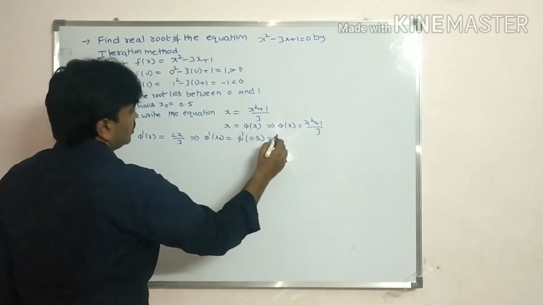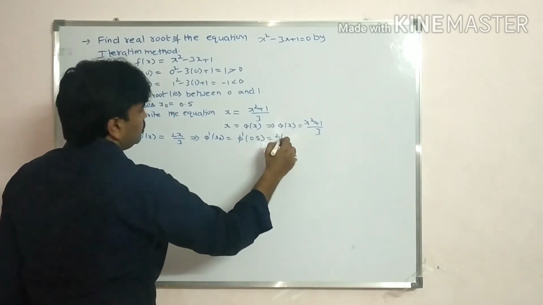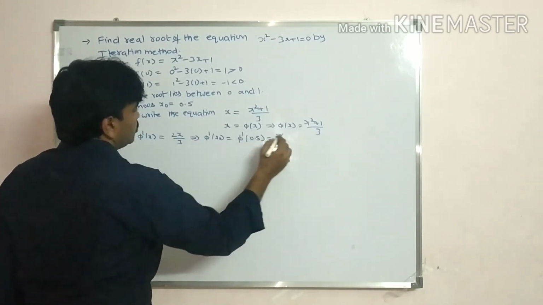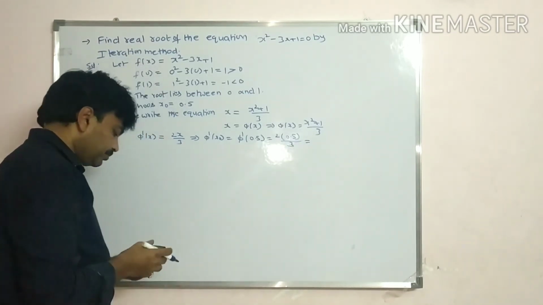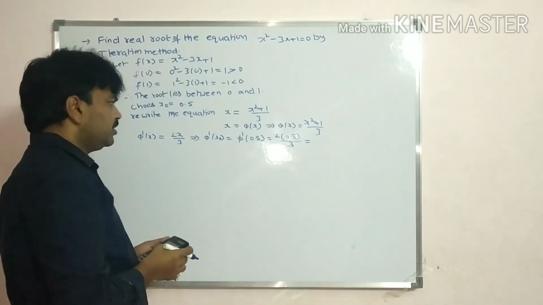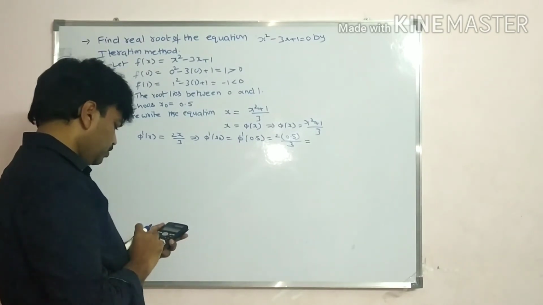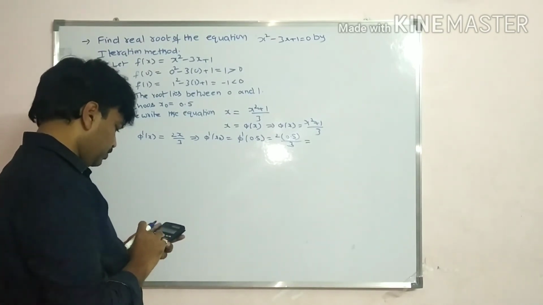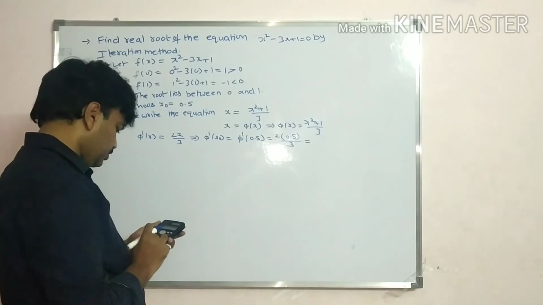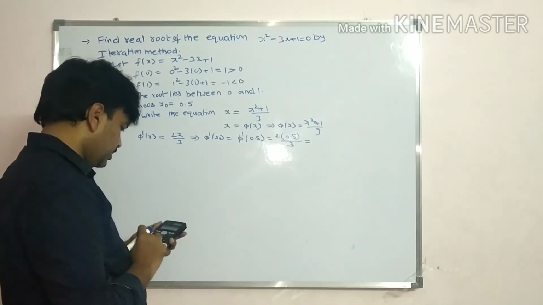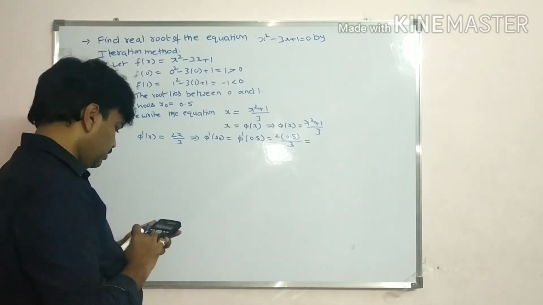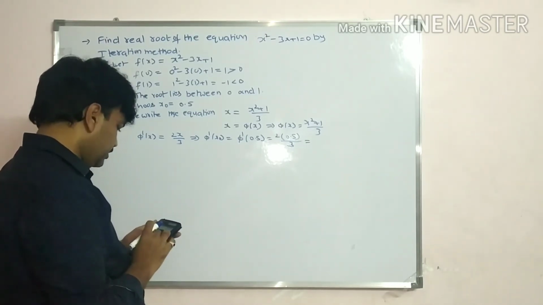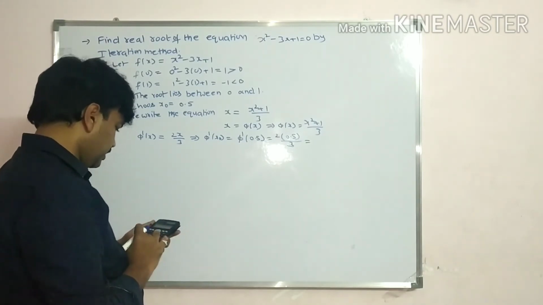So that is equal to 2 into 0.5 divided by 3.